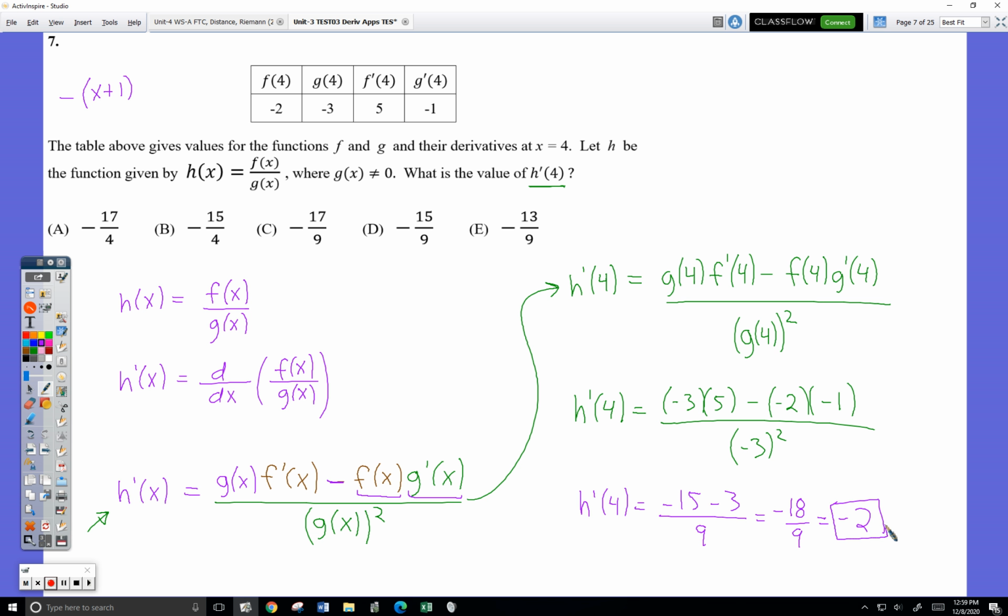I think it's -2. That didn't work out very well. I think it's -15 minus... It is -2. Sorry about that. So negative 17 over 9.